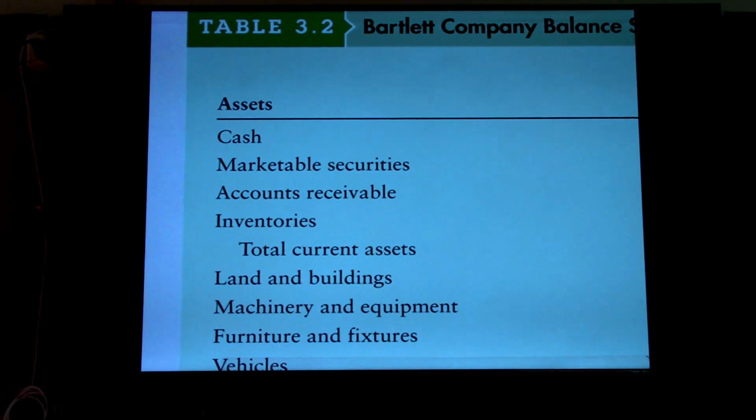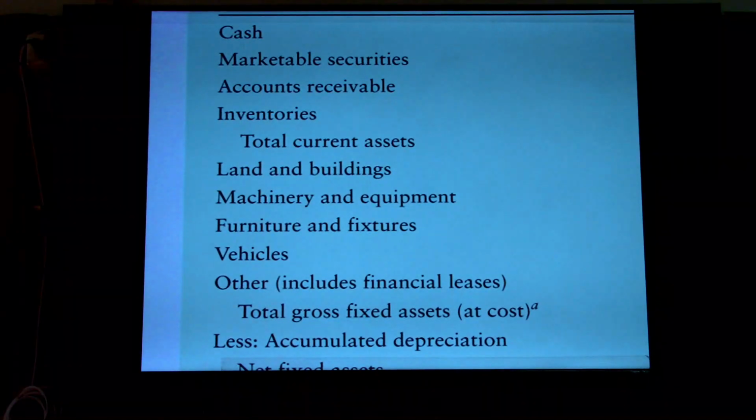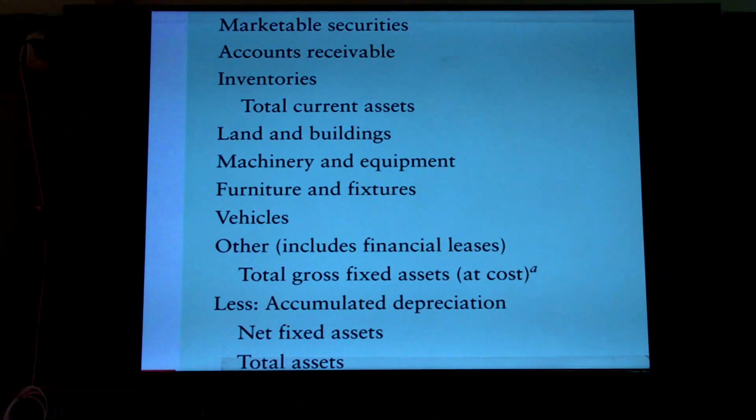Some of those reflect what we call current assets. For fixed assets such as land and building, machinery and equipment, furniture and fixtures, vehicles, we must subtract what we call the accumulated depreciation.